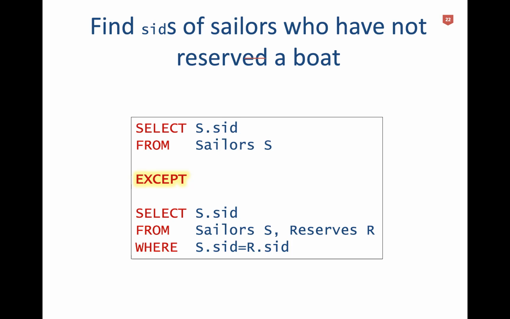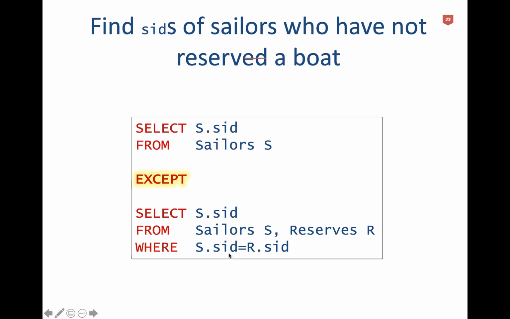Now let's look at this query. We want to find SIDs of sailors who have not reserved a boat at all. What we're using here is the keyword except, in that the result of this query minus the result of this query will give me those who have not reserved a boat. The first query will give me all the sailors. The second query is giving me those who have reserved a boat.